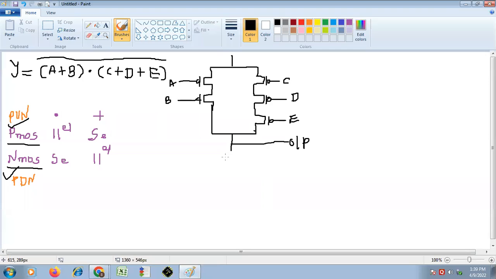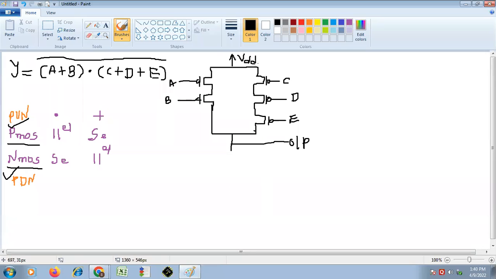Can anyone? Sir, can you repeat the question? See, now we have implemented a pull up network, that means with the PMOS, right?